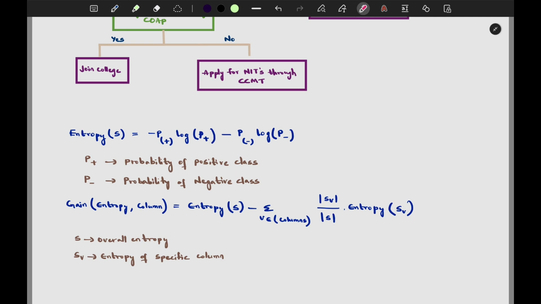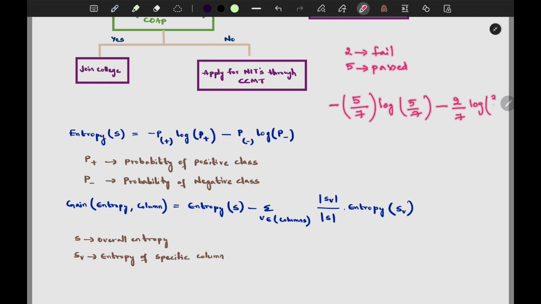It is something like this in your classification tasks: if you consider that a few students will be passing the exam and a few will be failing the exam, correct? So if you assume that 2 students have failed the exam and 5 students have passed, then the entropy is minus the probability of the positive class, which means 5 passed divided by the overall 7 observations, times log of 5 by 7, minus the negative class, 2 by 7 times log of 2 by 7.